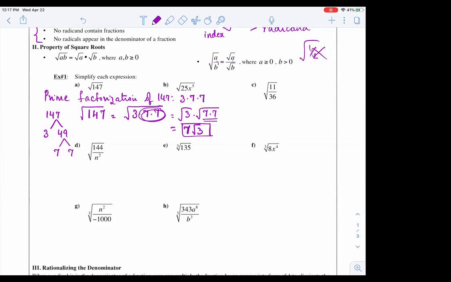Because square root of 7 times 7 is 49 and square root of 49 is 7. That is why that 7 is now outside the radical. That's how you know that you simplified completely.